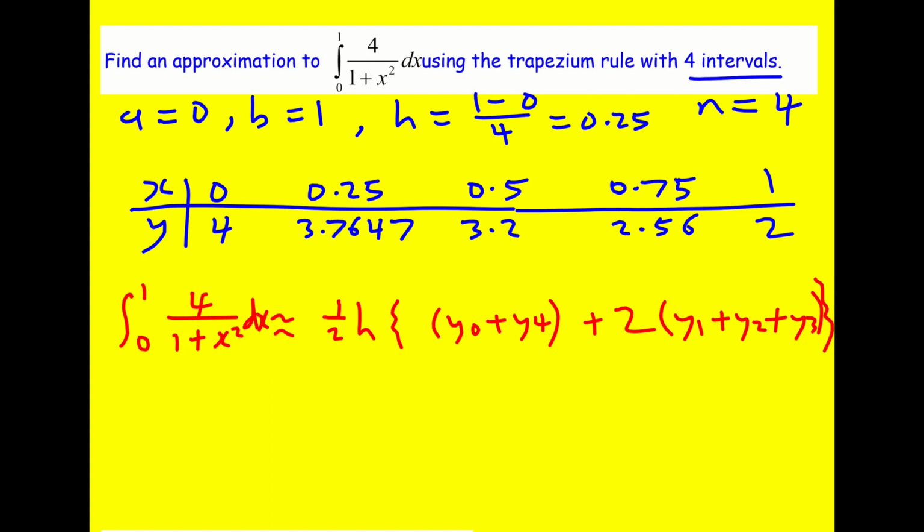Nice one. So that's going to equal a half times 0.25, times (4 plus 2 ...). If you're rushing in an exam, I'd say don't worry about writing out this next bit, because it takes a fair bit of time. I might just lose a minute that could be important somewhere else.